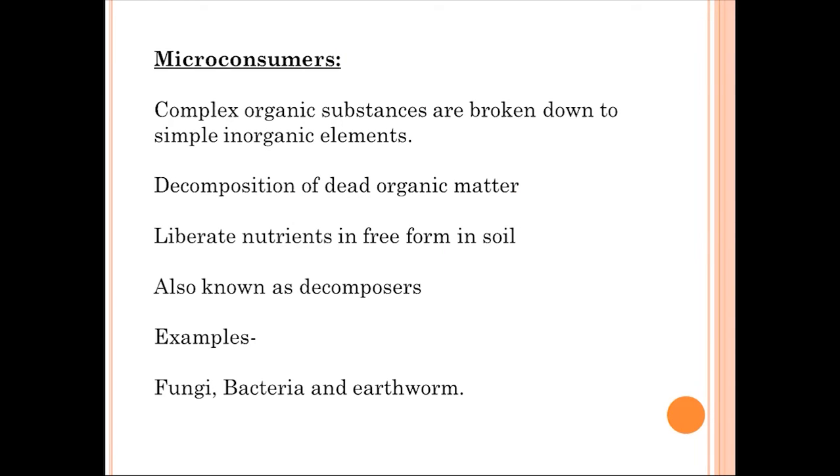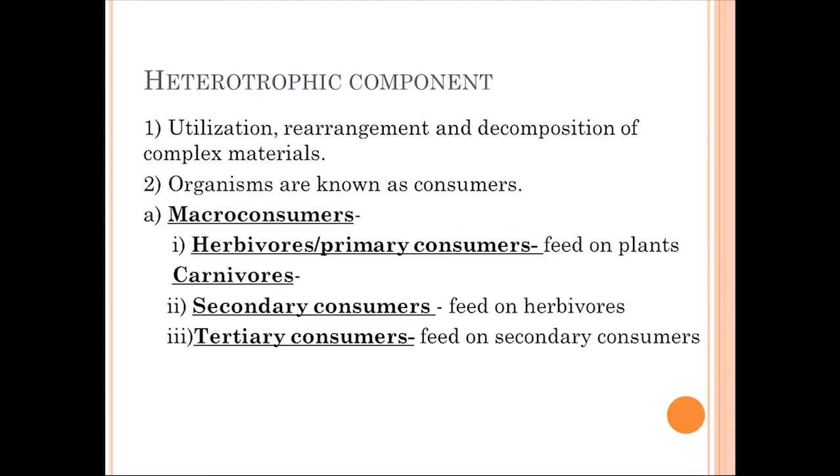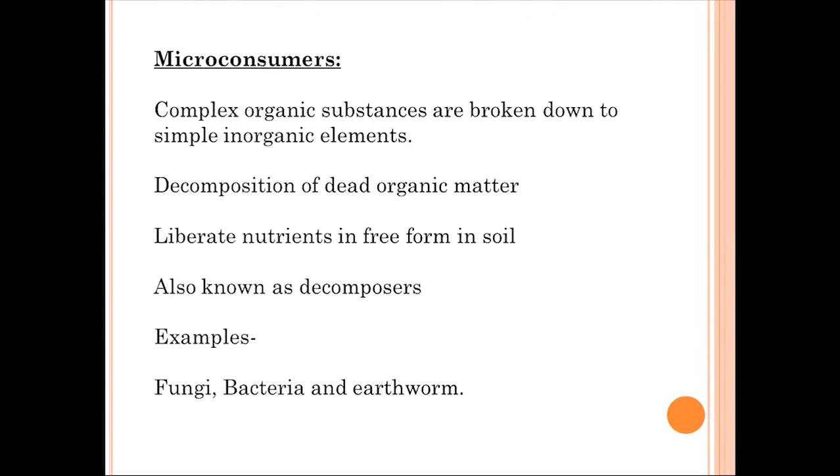Why decomposers? Because when the macro consumers die, after a certain time interval, they are going to die in the environment. In that case, who will decompose them? The decomposers or the micro consumers. They are responsible. So, what is the characteristic of micro consumers?